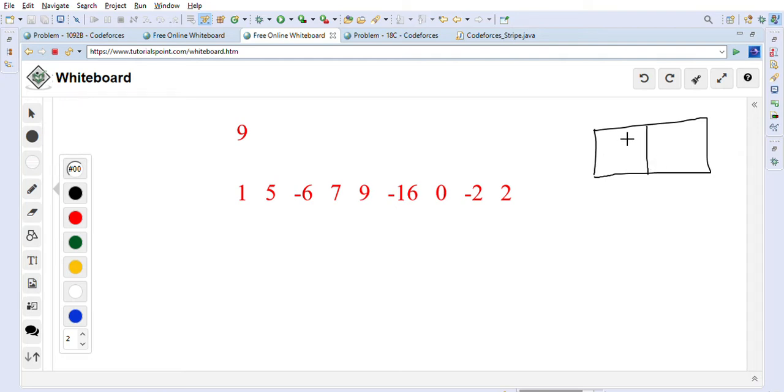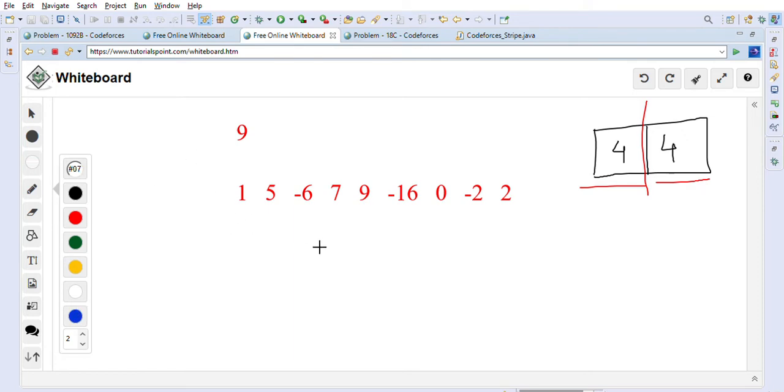One piece is 4 and another piece is also 4. It means that we can cut this stripe like this. The left side piece's sum is 4 and the right side piece's sum is also 4. So we have to find out how many ways we can cut this stripe so that the left sum and right sum are equal. Now let's look into the given example.